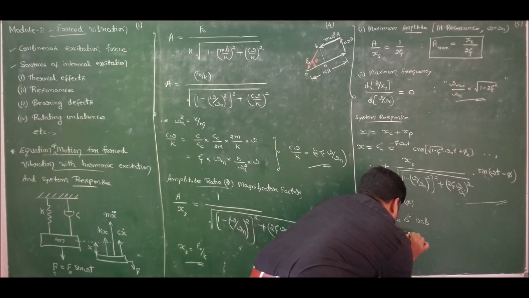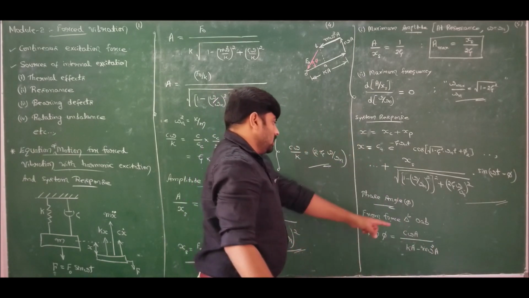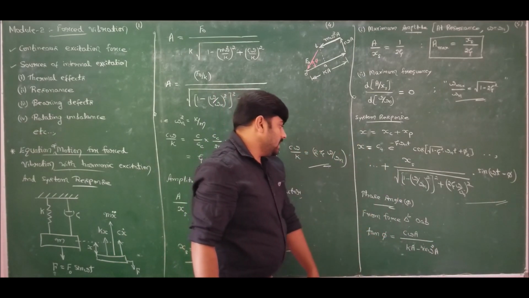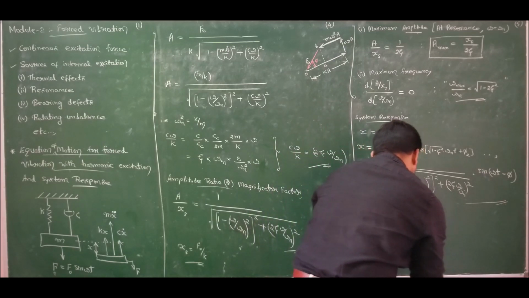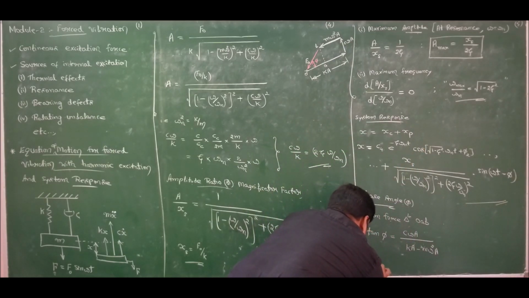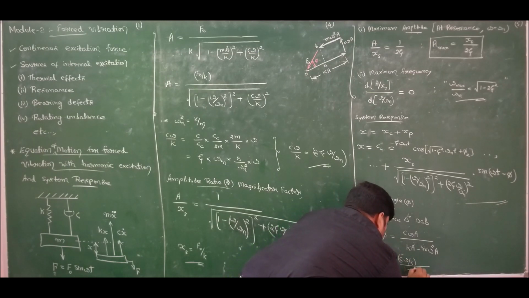Opposite side is C omega A, adjacent side is KA minus M omega square A. Throughout I can cancel off A and I can write this as tan phi equal to C omega by K divided by 1 minus M omega square by K.